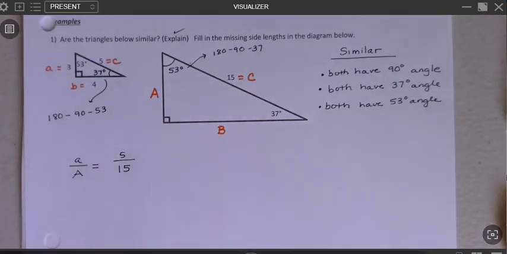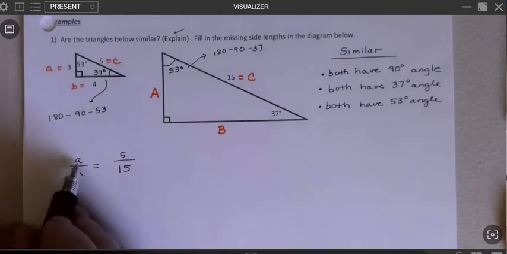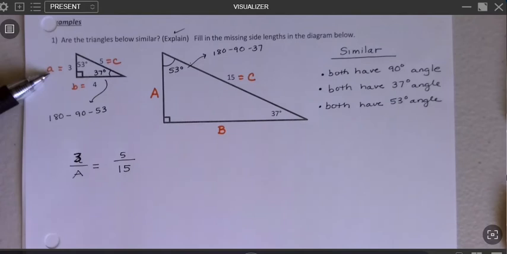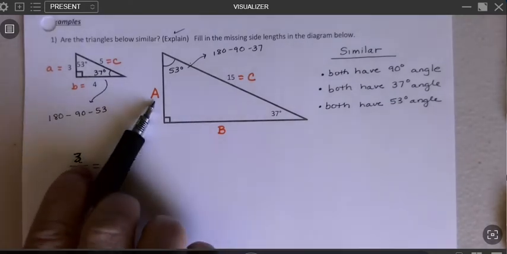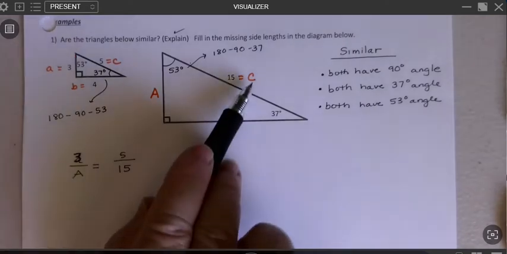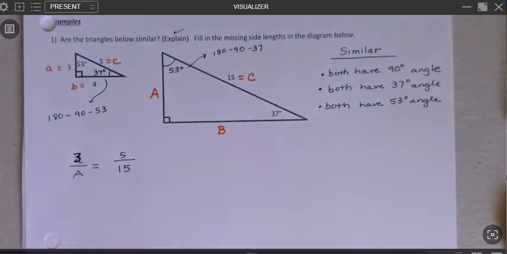Using our technique from this recent chapter, little a is 3 compared to capital A, and little c is 5, capital C is 15. There we go.